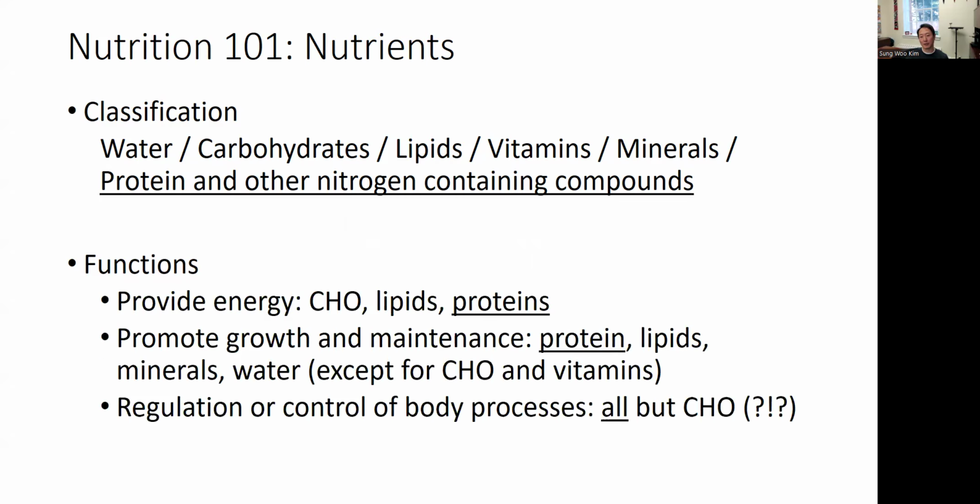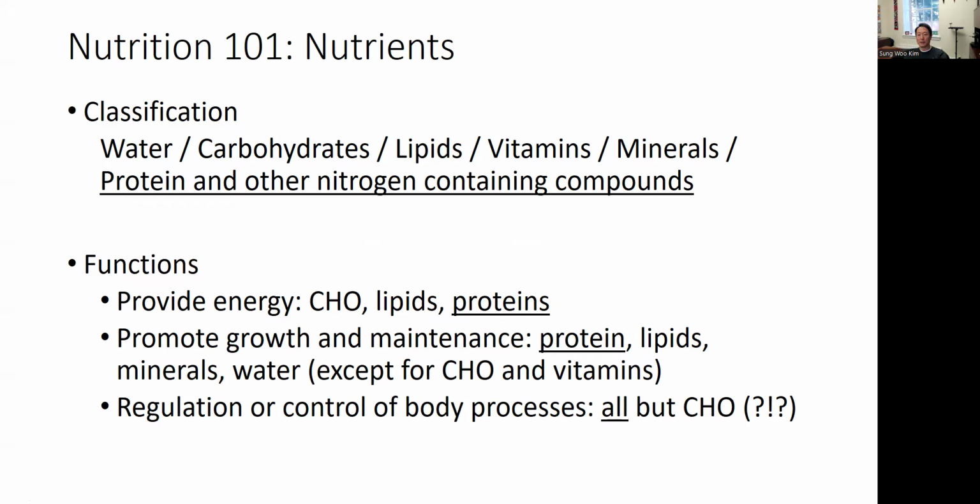Here we obtain the energy from the nutrients, okay? And we can grow or produce some tissue or some product from using the nutrients. Okay, these are the two main, very big functions of the nutrients.